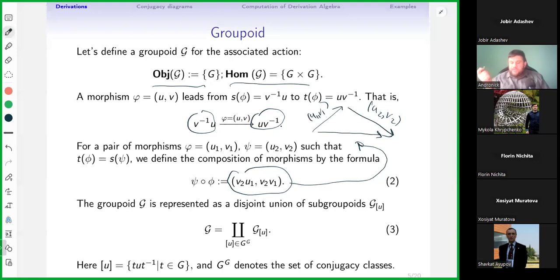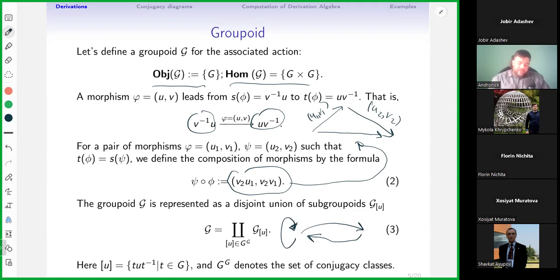You must find that for each arrow, you can find an inverse arrow, which goes in the backward direction, such that their composition is a neutral arrow, so you can just calculate that.